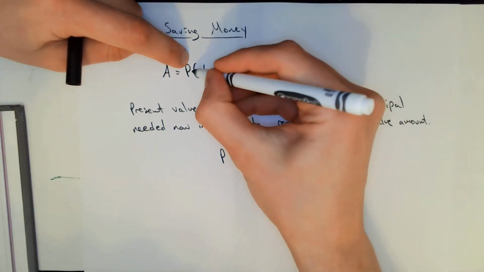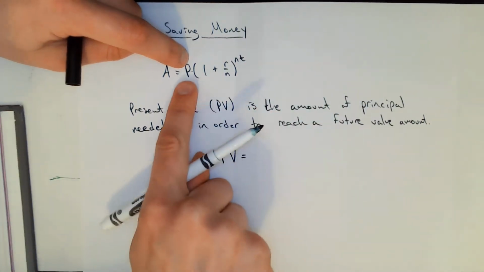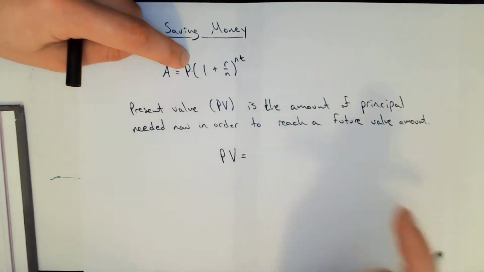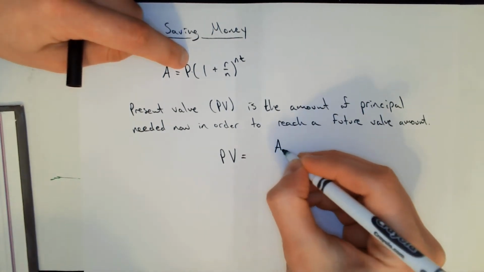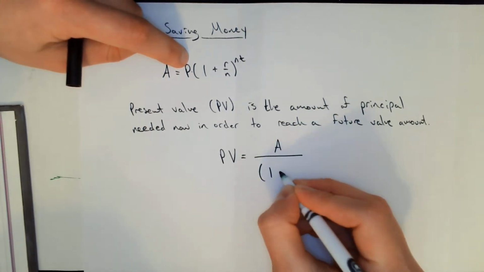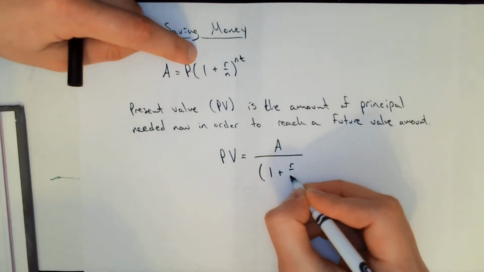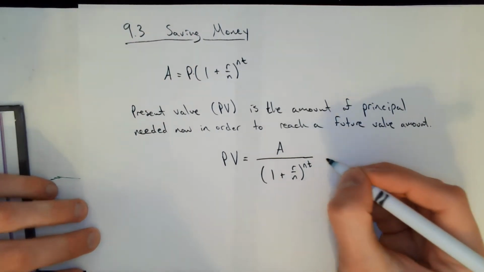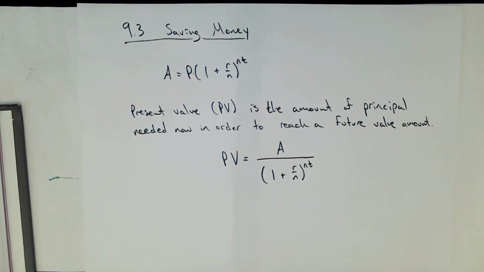Well, P is just attached to this crazy looking thing by multiplication. In other words, just divide this whole thing over. That's all you have to do. So it looks like a new crazy formula, but it's really just this formula reorganized with one little step, which is to divide that entire thing over.